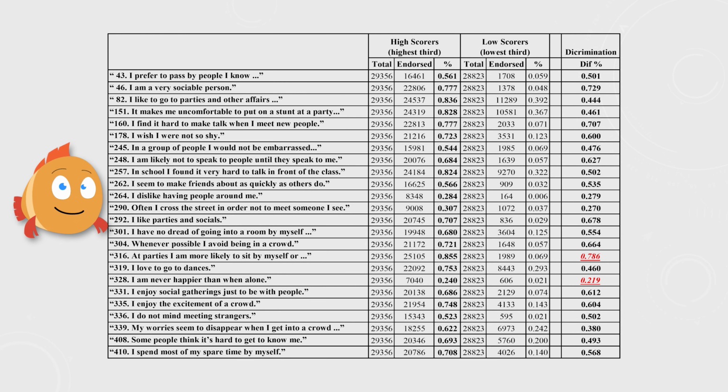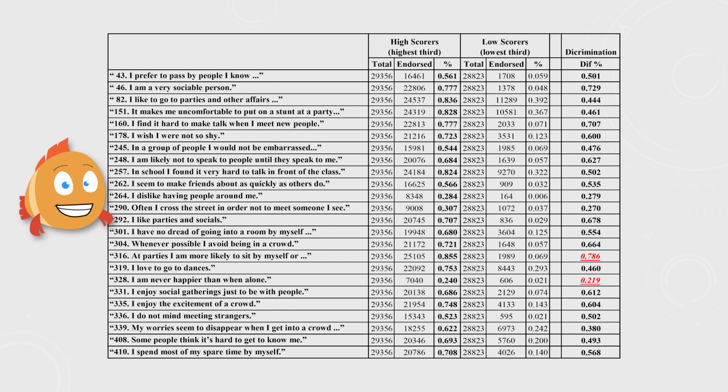I prefer to pass by people I know, and about 56% of people endorse this in the high scorers group, while 5% endorse this in the low scorers group. And the difference in that percentage, essentially the discrimination index, is 0.5.